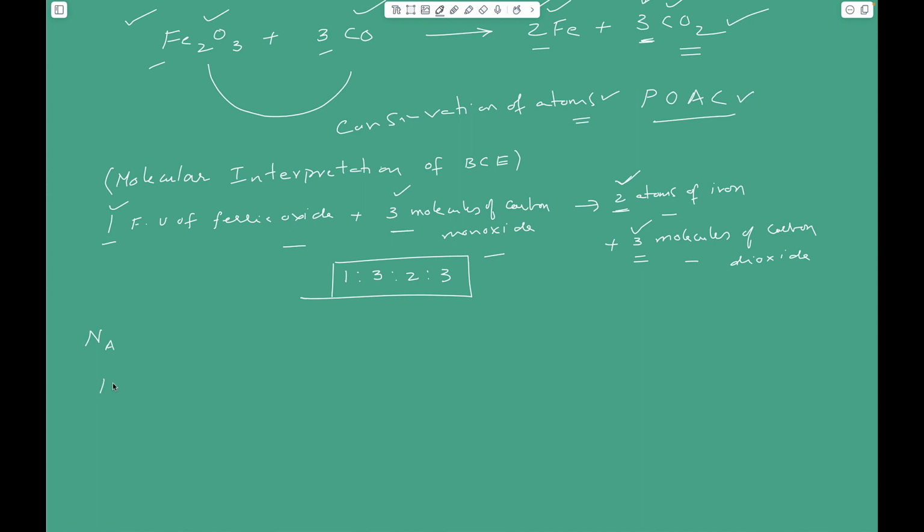Then 1 times Avogadro's constant formula units of ferric oxide plus 3 times Avogadro's constant of molecules of carbon monoxide produce 2 times Avogadro's constant of atoms of iron plus 3 times Avogadro's constant of molecules of CO2.